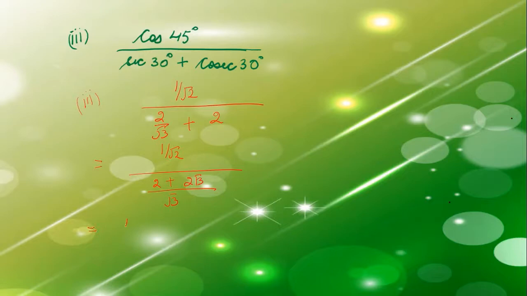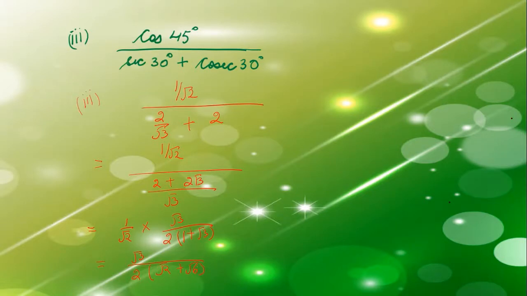So you can write 1 upon root 2 multiply by root 3 upon 2, take 2 to be common, 1 plus root 3. Okay, so it will be root 3 upon 2, take this inside, root 2 plus root 6.